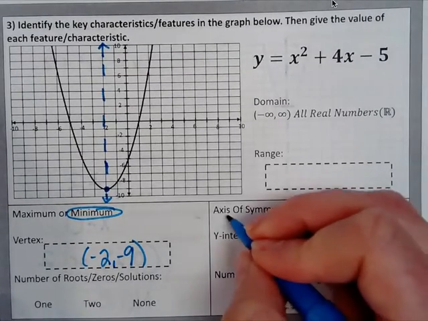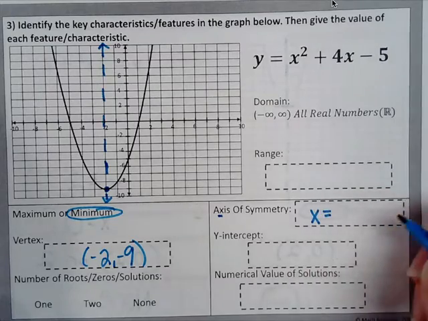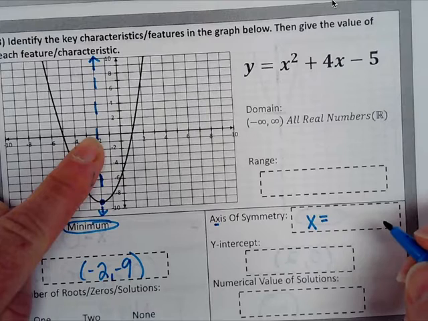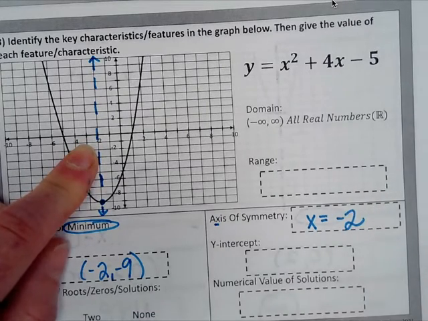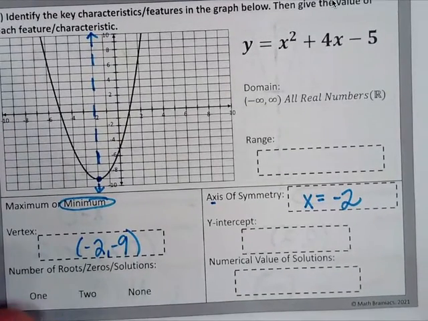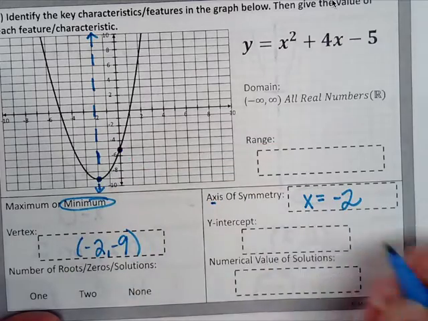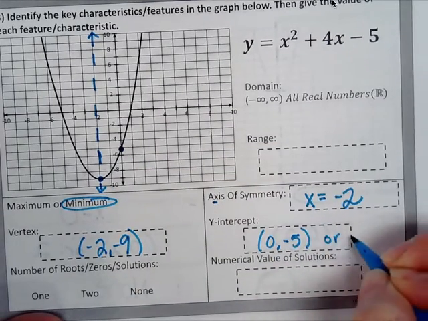Our axis of symmetry, remember axis has an x in it, so it's x equals some number. X is going to be equal to whatever the axis of symmetry goes through on the x-axis, which is -2. The y-intercept is where it crosses the y-axis, which is at -5. So it's going to be 0, -5. Or you can just say -5.